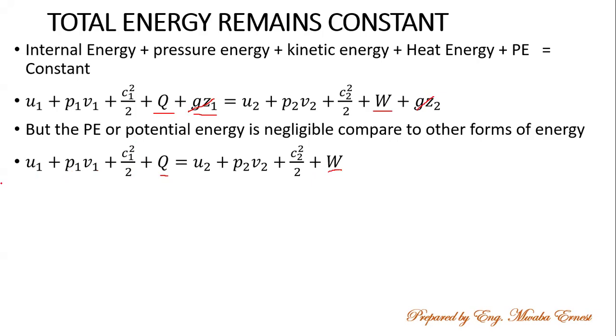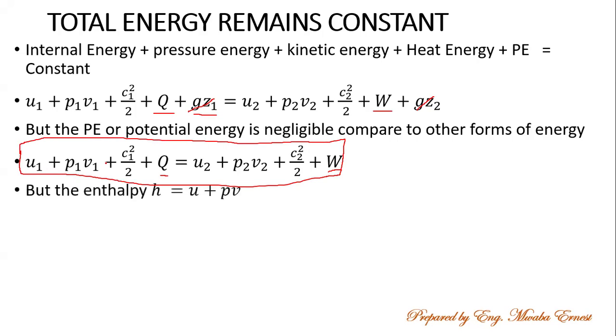So this one you're seeing here gives us one form of the steady flow energy equation. Sometimes we may use it at this very point, but we still have room to make improvements to simplify it further. So here comes in a factor known as enthalpy.